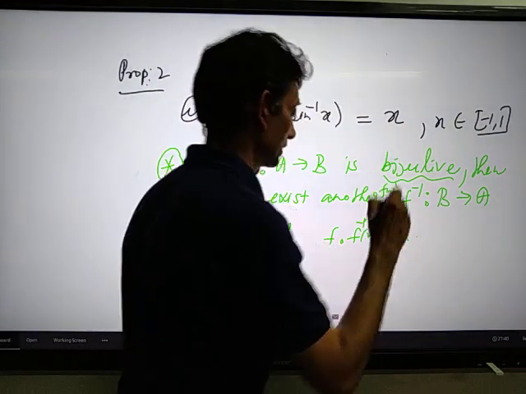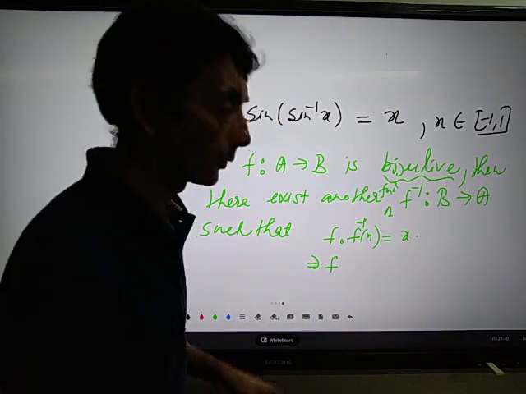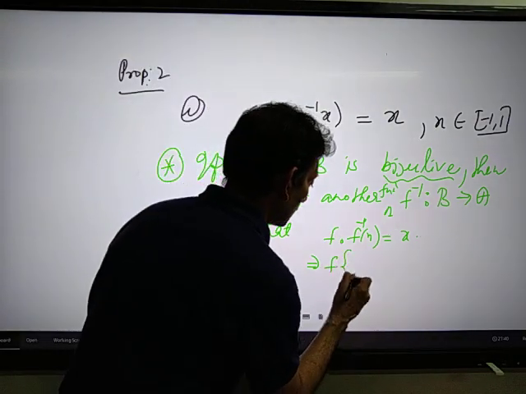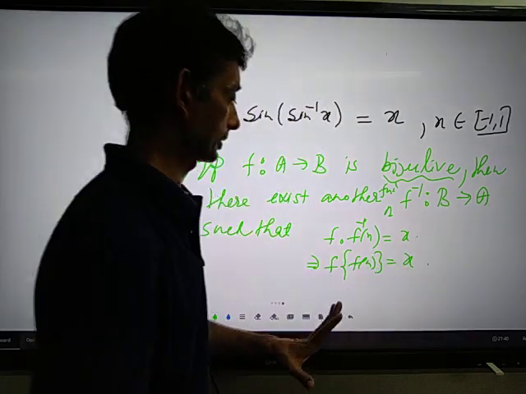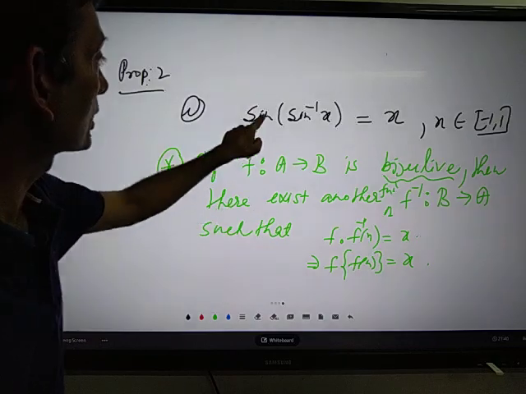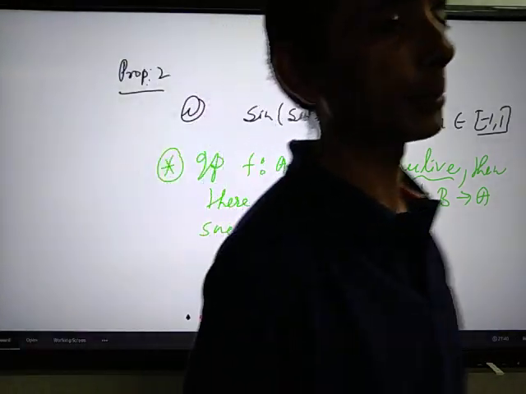This is f inverse. So this implies, if you use the definition of the composition of functions, f inverse f x is equal to x.